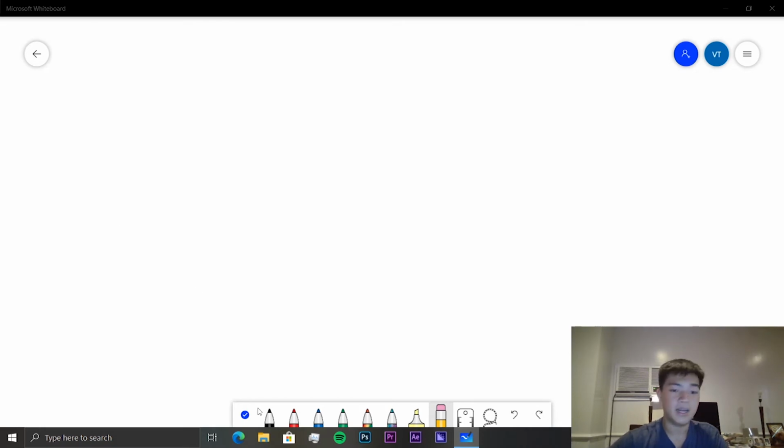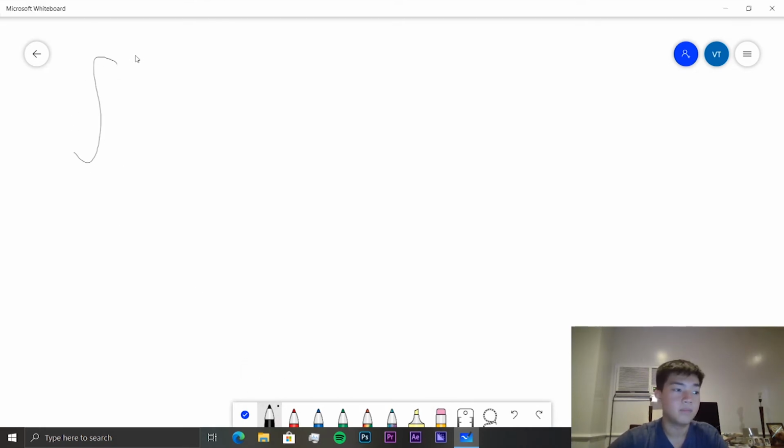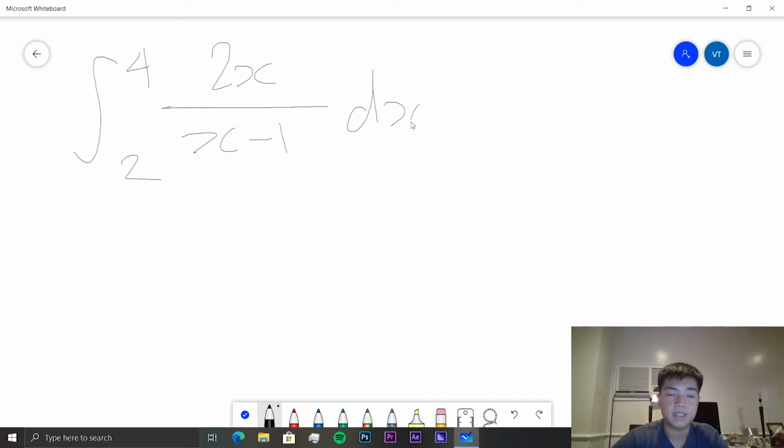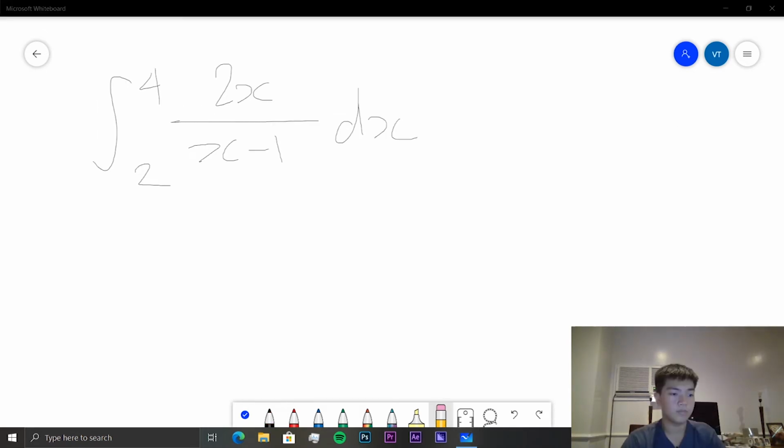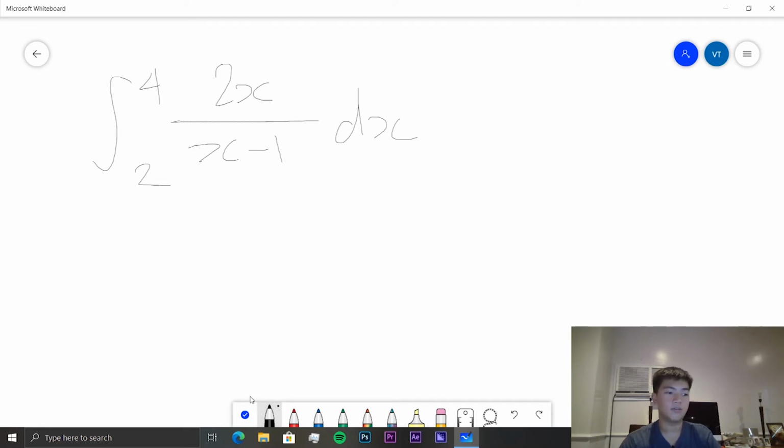Next, we have between 2 and 4 of 2x over x minus 1 dx. Okay, so the real way to do this would be, actually not the real way, but the way we're going to do this is we're going to split this into partial fractions.